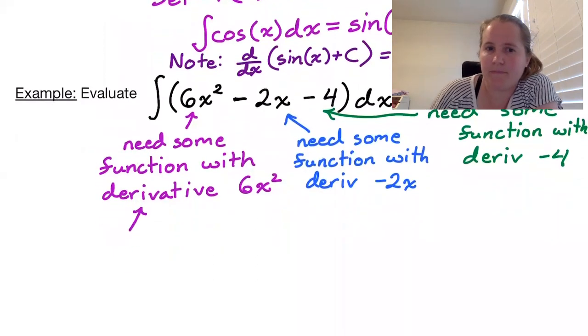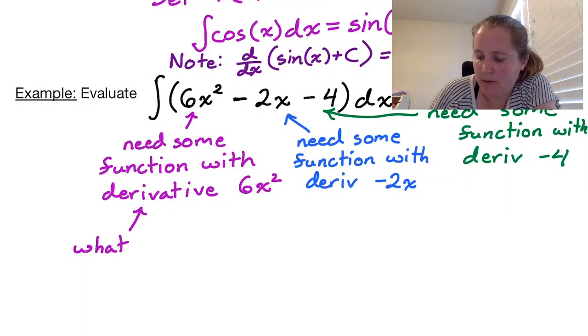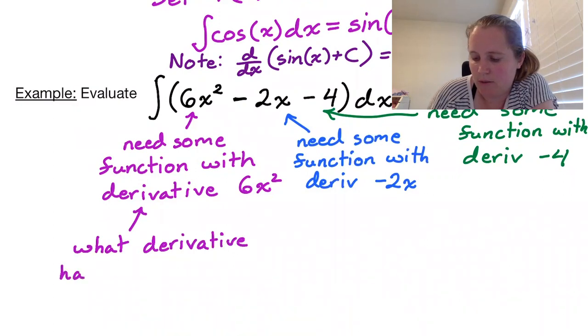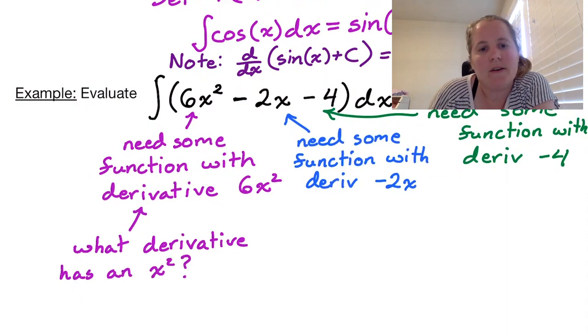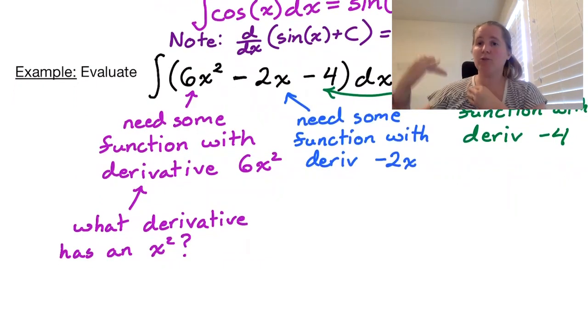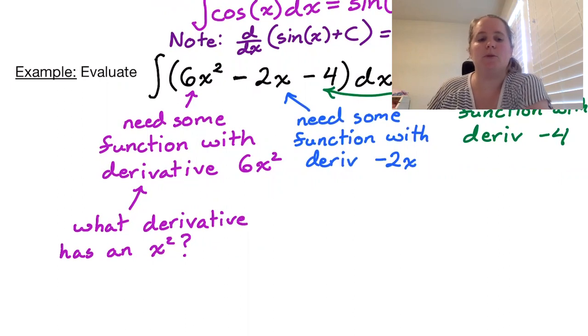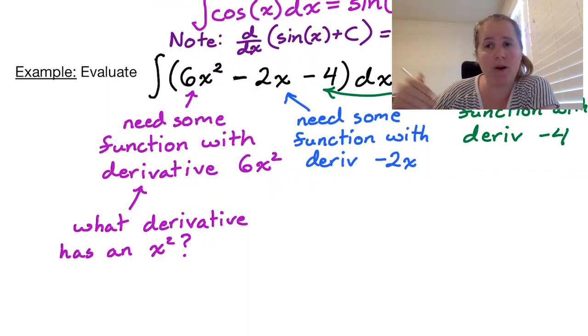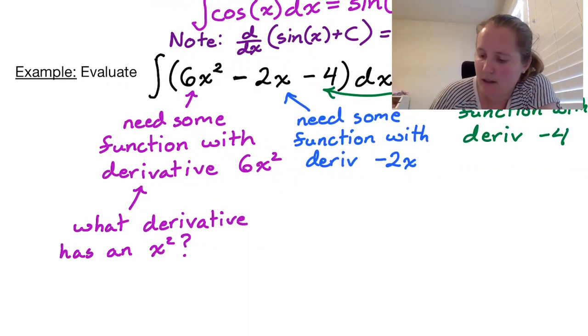Let's figure out what derivative has an x squared. If we think about the power rule, the power drops when we take a derivative. So if we want to wind up with x squared, it probably came from x cubed.